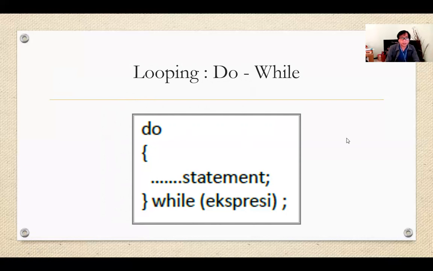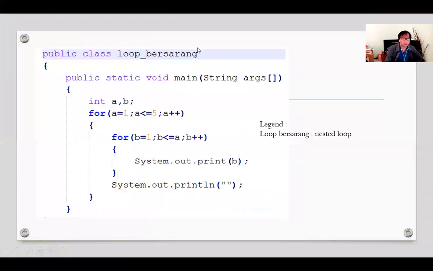And this is an example of a nested loop. As you can see, we have two loops testing different values. We are defining variables a and b.